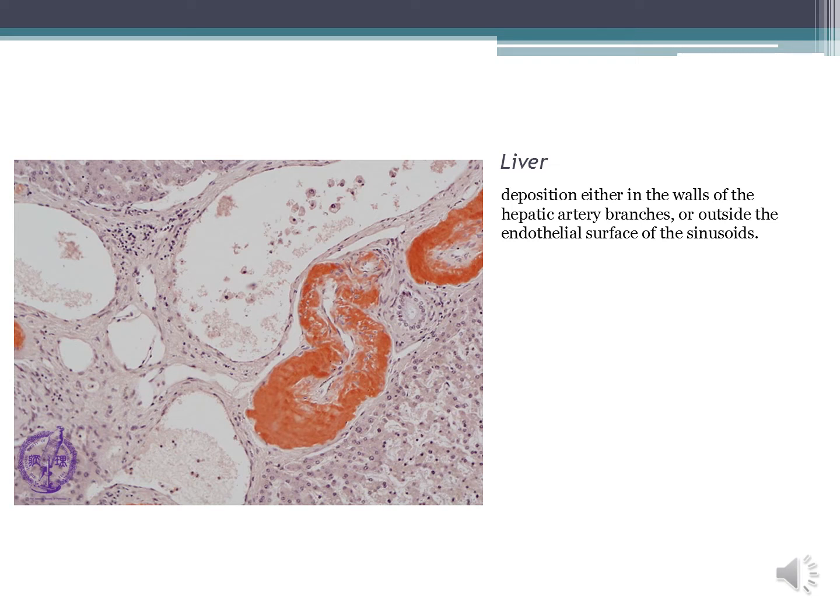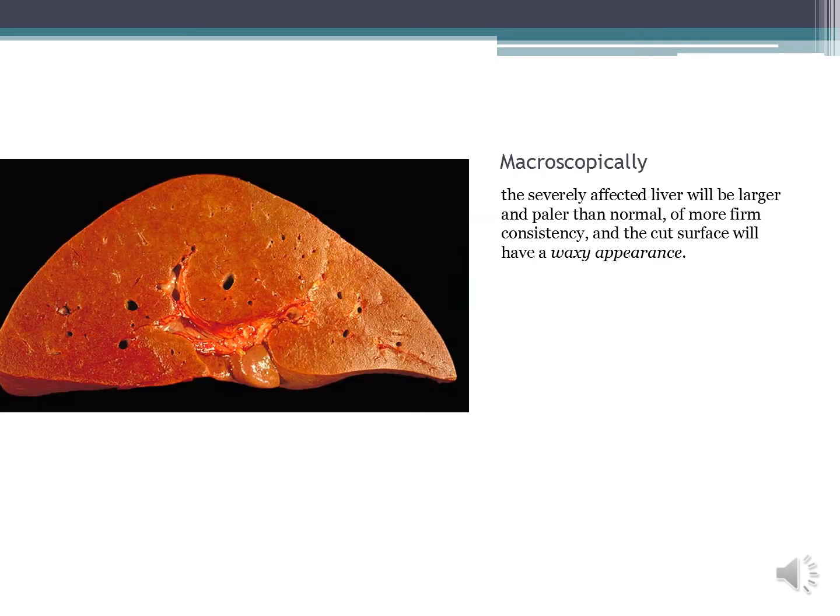And this orange reddish coloring of the liver vessel supports the proper diagnosis of the liver amyloidosis.